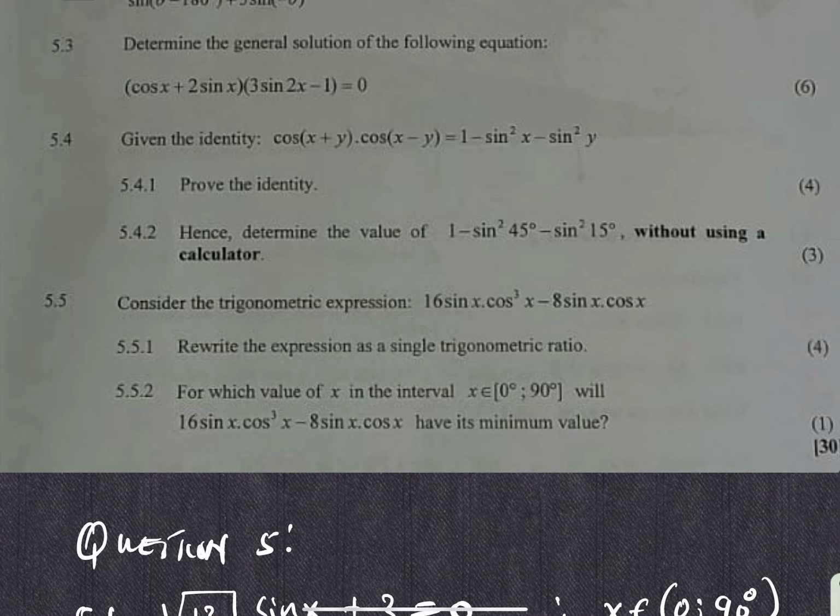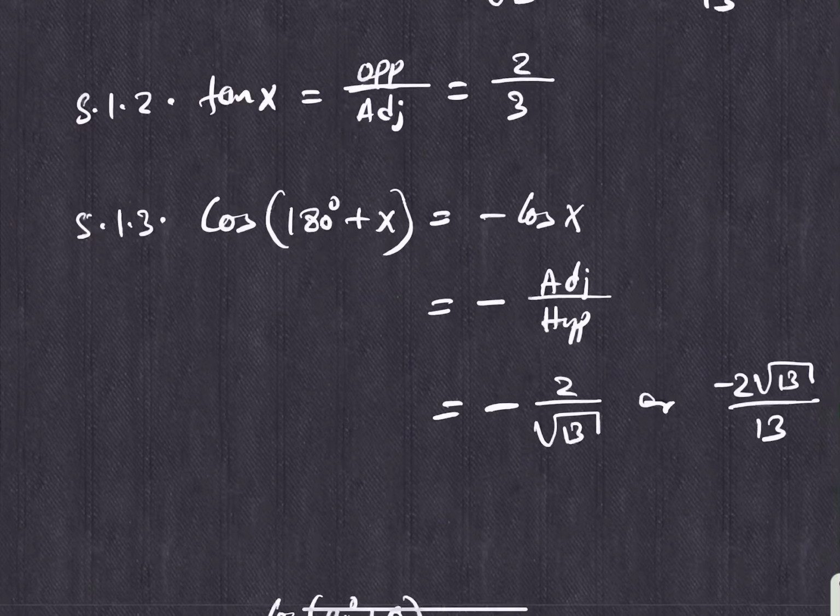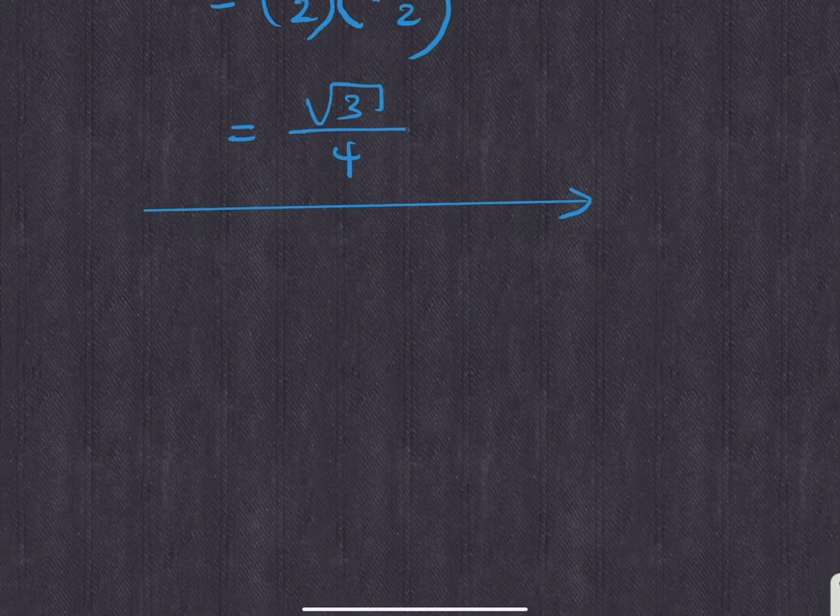That is 5.5. They give you: consider the trigonometric expression, and that is 16 sine x cos cubed x minus 8 sine x cos x. Rewrite the expression as a single trigonometric ratio. Okay, so this should be very easy to all students.